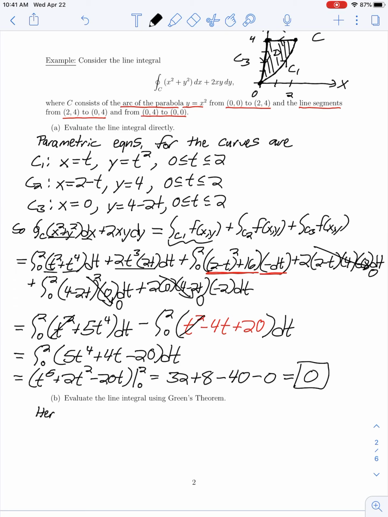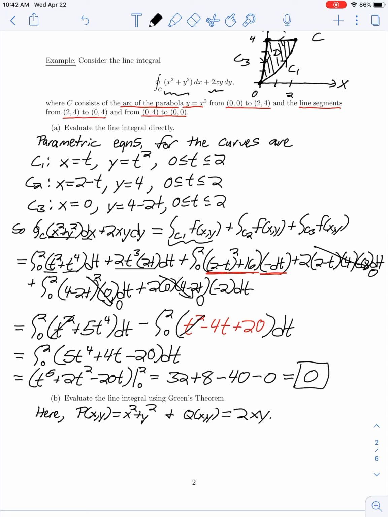So to use Green's theorem, I'm first going to identify what my functions P and Q are. So in this example, P is whatever I'm integrating with respect to x. We have x squared plus y squared. And Q is whatever part is being integrated with respect to y, in this case, 2xy.